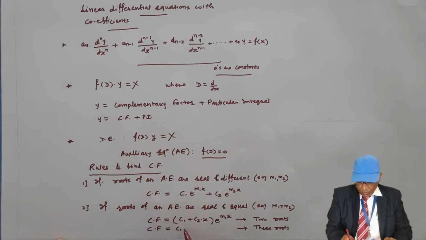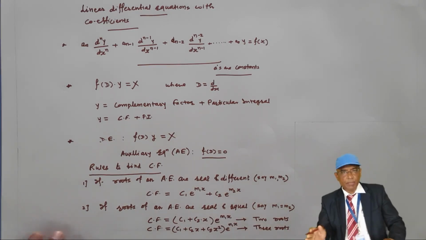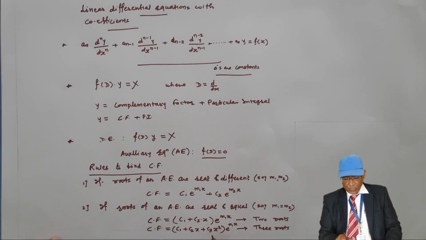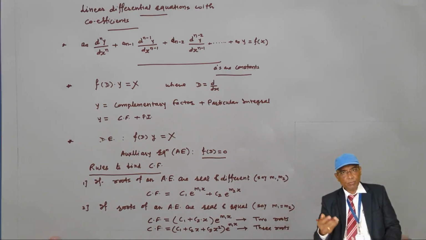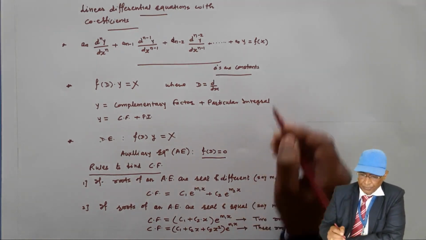C1 plus C2x plus C3 x square outside of the bracket e to the power M1x or M2x or M3x, because all are the same here. If there are 4 roots, then C1 plus C2x plus C3x square plus C4x cube and so on. So this is the complementary factor for real and equal roots.